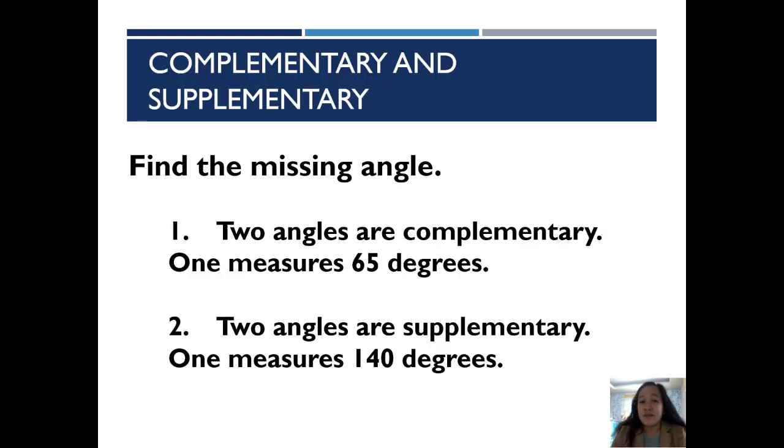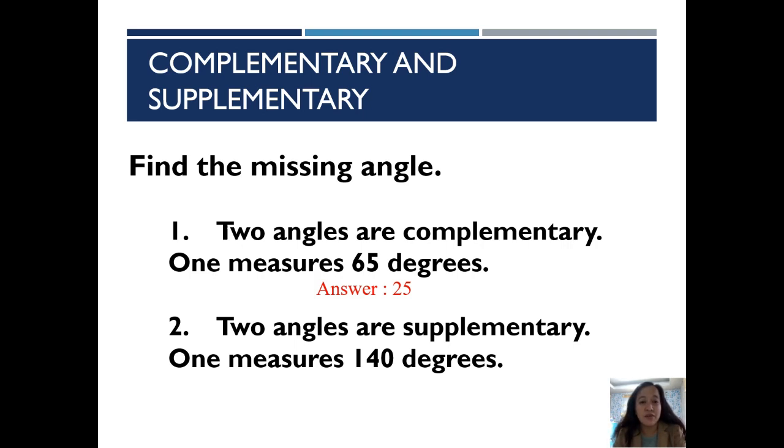Why don't you find the missing angle? For number 1, two angles are complementary. One measures 65 degrees. What would be the complement of a 65-degree angle? Very good, a 25-degree angle. 65 plus 25 is equal to 90. Therefore, we have a complementary angle.